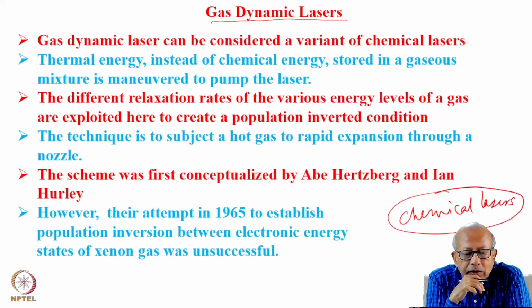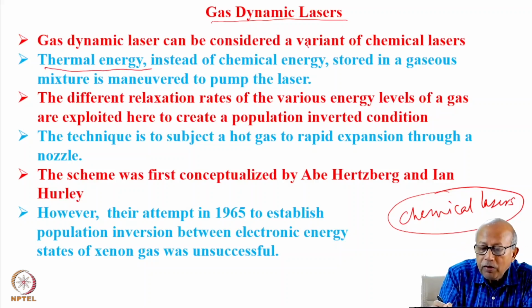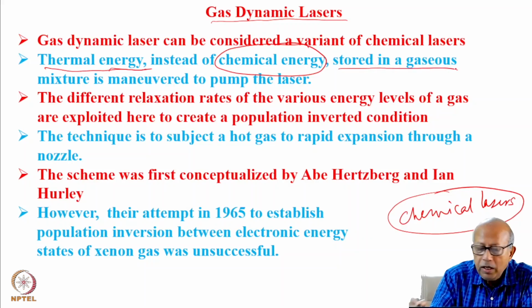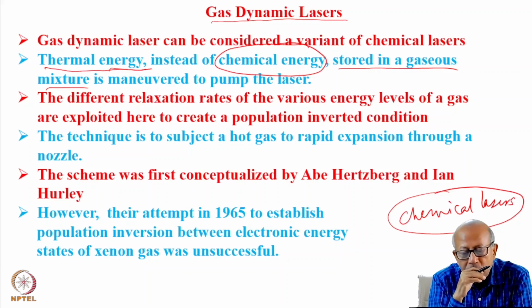A gas dynamic laser can actually be considered a variant of the chemical laser. This is because here thermal energy, instead of chemical energy which pumps a chemical laser, is stored in a gaseous mixture and is maneuvered to pump a gas dynamic laser.